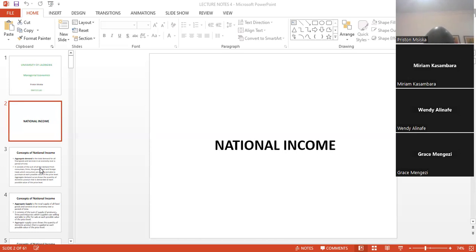Now, remember, for the whole country, we are talking of adding up all the businesses. For example, all the cement manufacturers, we will find the production of cement for Malawi. We can add up all the farmers who are producing maize, all of them. Then we'll be able to say how much Malawi has produced in terms of maize. We can do this for each and every product.